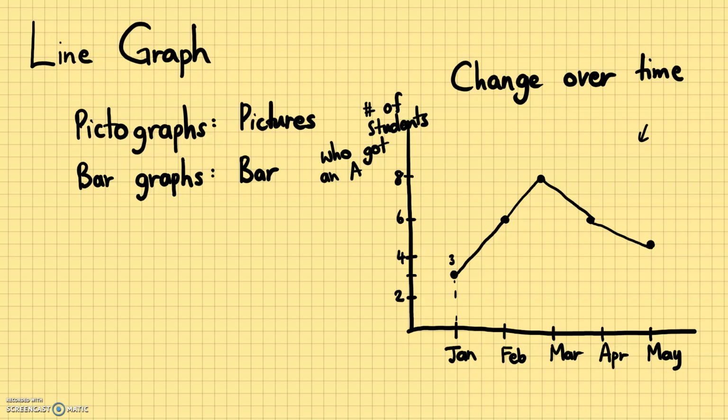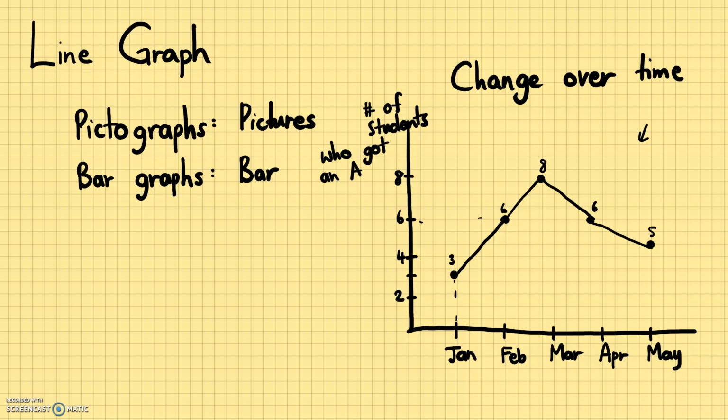In February, there were 6 students. In March, there were 8 students. In April, there were 6 students. And in May, there were 5 students, in between 4 and 6 here, who got an A on the math test.